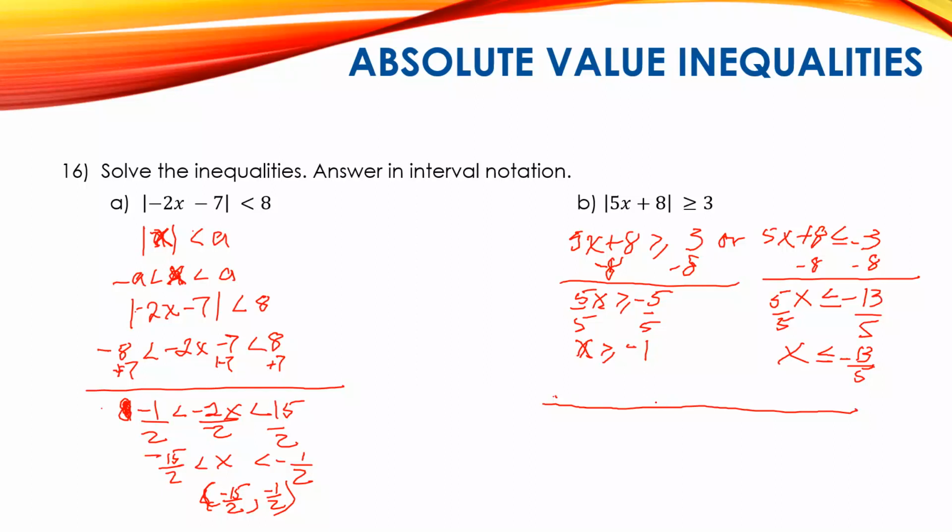I have negative 13 over 5, smaller than negative 1. My first one, greater than negative 1, goes that way. My second one, less than negative 13 over 5, goes this way. That means the solution set will be negative infinity to negative 13 over 5, union negative 1 to infinity.